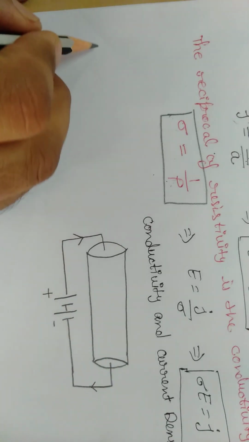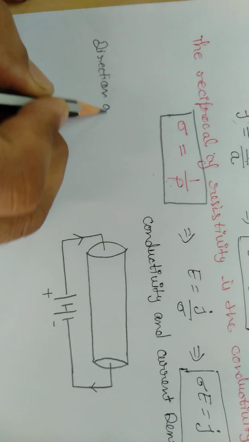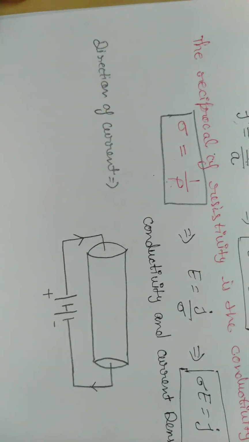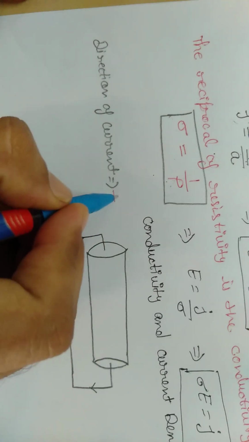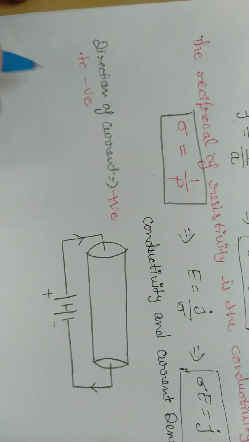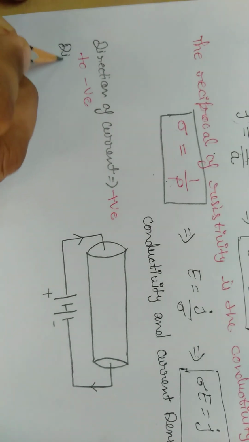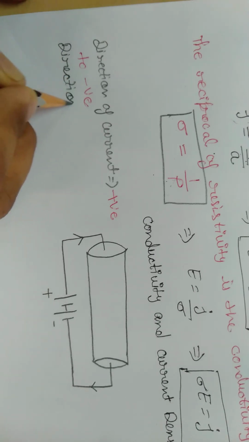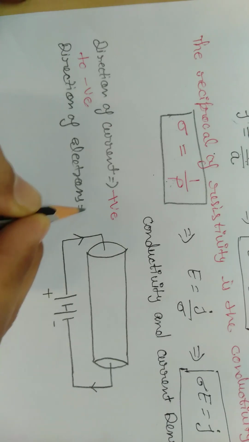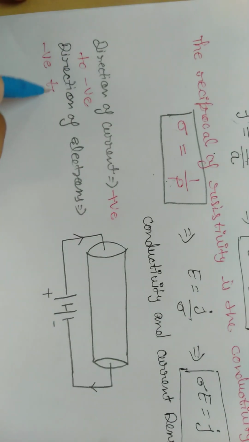So the direction of the current is from positive to negative, whereas the direction of electrons is from negative to positive.